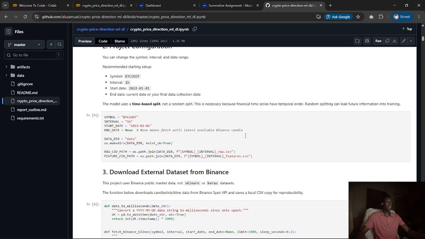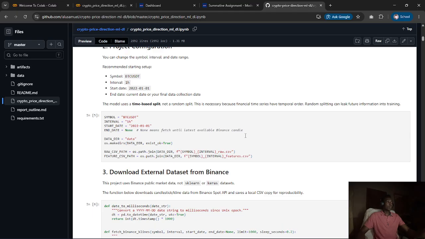For volatility, I calculated rolling volatility over 6, 12, 24, and 48 periods, and also rolling mean return. For momentum indicators, I calculated RSI with a 14 period setting and MACD using fast period 12, slow period 26, and signal period 9. Finally, I created Bollinger Band features including upper band, lower band, bandwidth, and the price position inside the band.